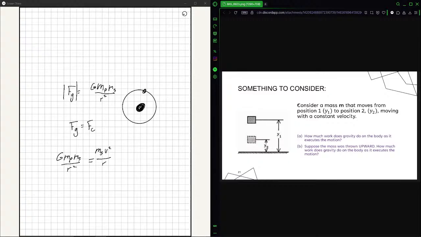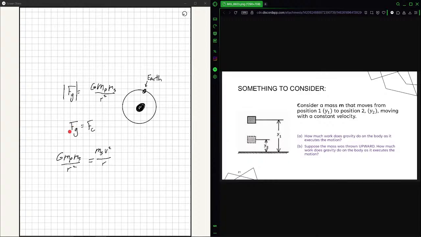The only force acting on the Earth is gravity, the gravity of the sun. So that means the net force is equal to gravity. Gravity is the only force, so it's the net force. Centripetal force is a rotational net force, meaning the net force is rotational. So our centripetal force is equal to our net force here.